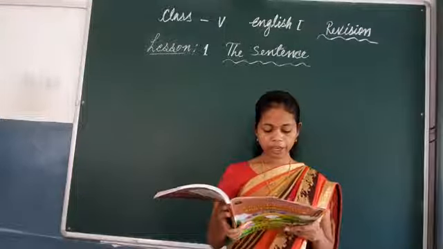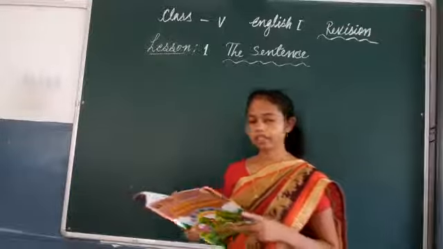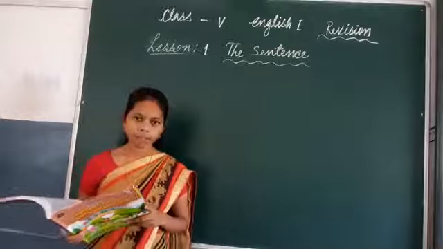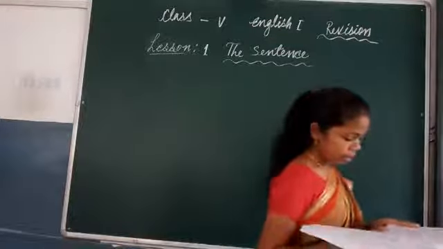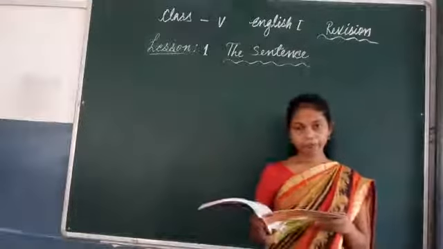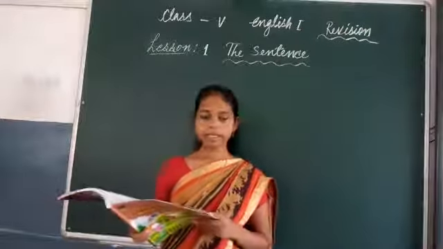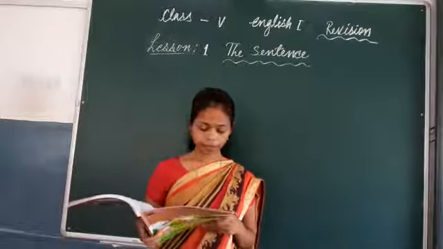Now, number 3. Divide the following sentences into subject and predicate. Okay. First number. The girl sang well. So underline it. The girl is the subject. Sang well, predicate.